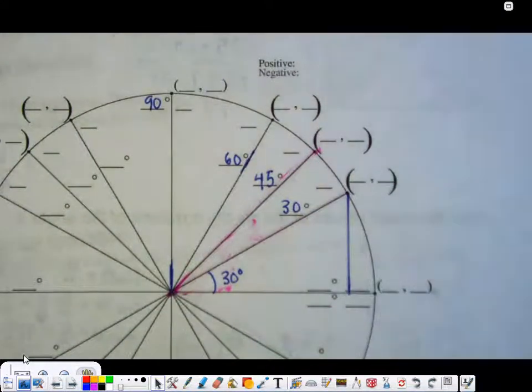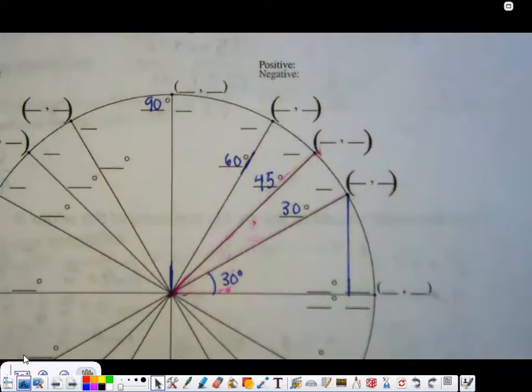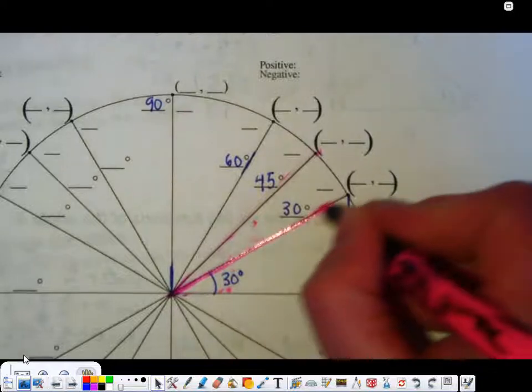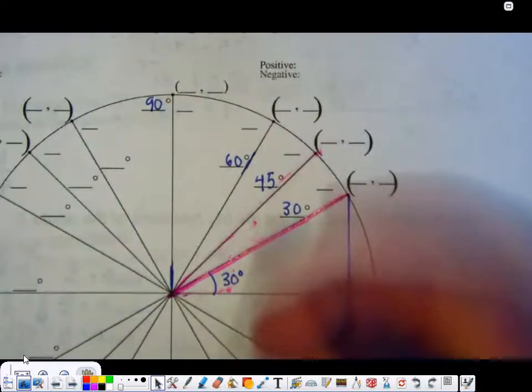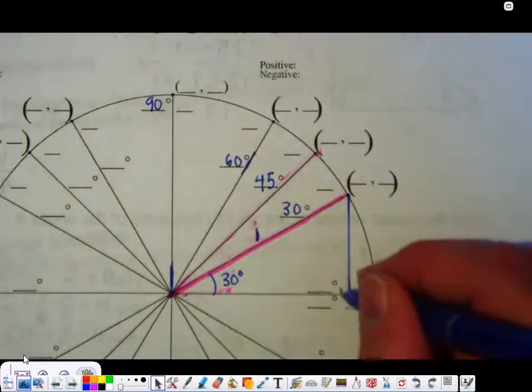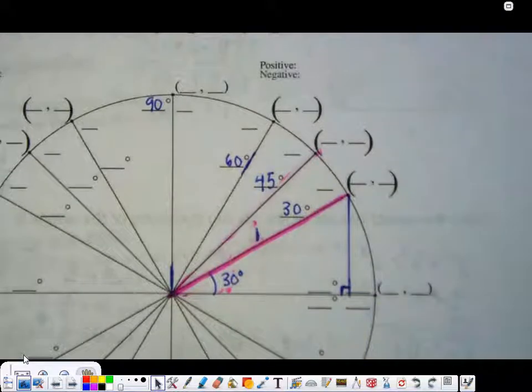On this, what I need you to know is that the hypotenuse is 1. That's really important. Because this is 30 degrees, and you can also tell, what is this angle right here? Right angle, 90 degrees.